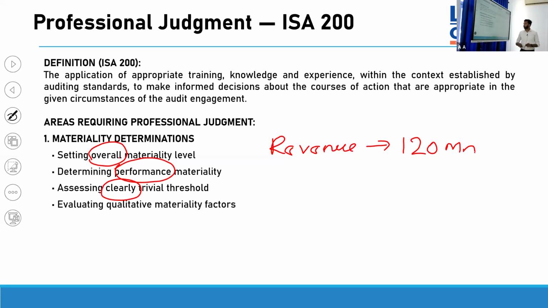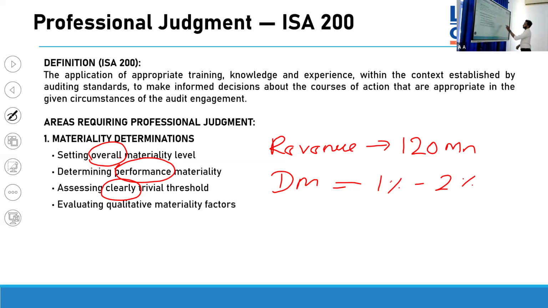Okay. From this, you decide to determine this materiality level. Normally, for overall materiality and all, CA Sri Lanka has given some thresholds, right? You must use that. So if you are calculating the materiality based on revenue, then you can determine within the range of 1 to 2 percent, right?